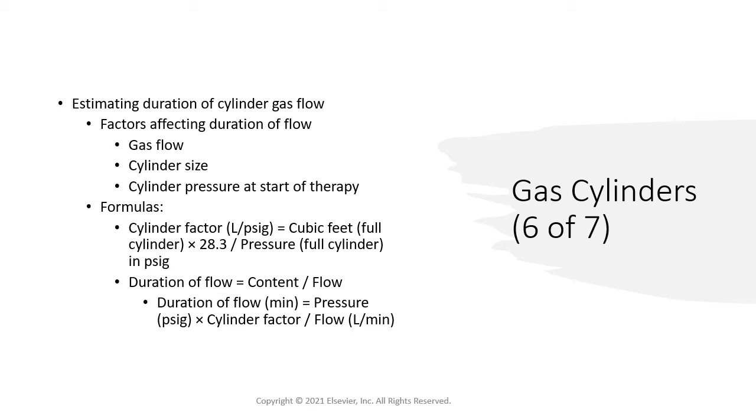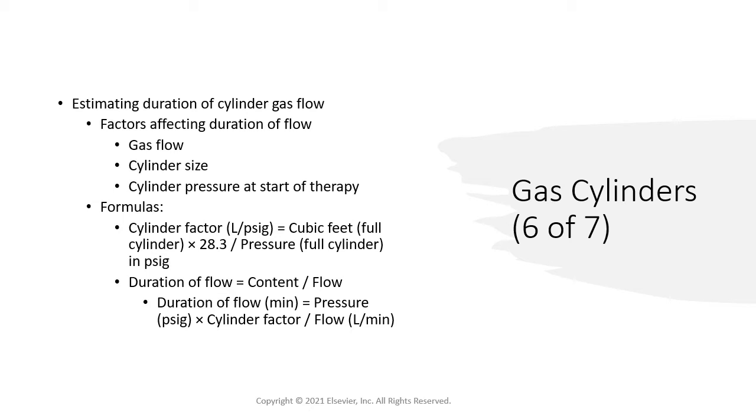When the factor for a given gas and cylinder is known, calculating the duration of flow is simple by applying the following equation. Duration of flow in minutes is equal to pressure in psig times the tank factor divided by flow in liters per minute.